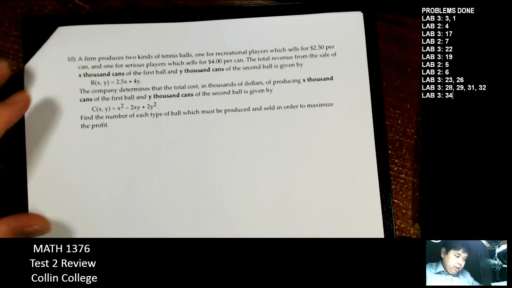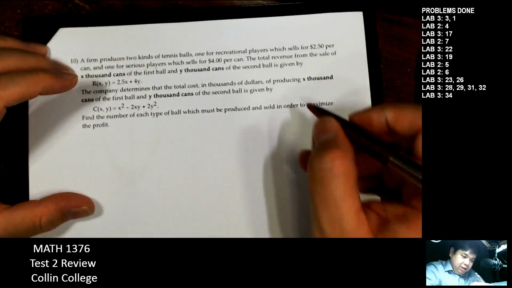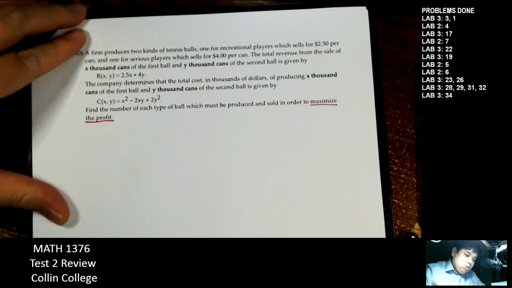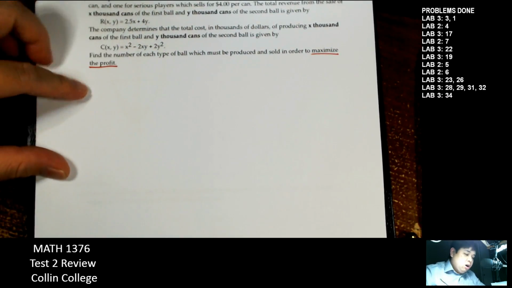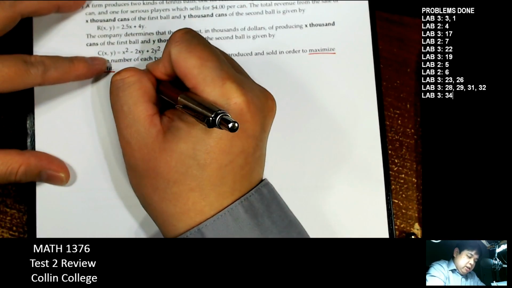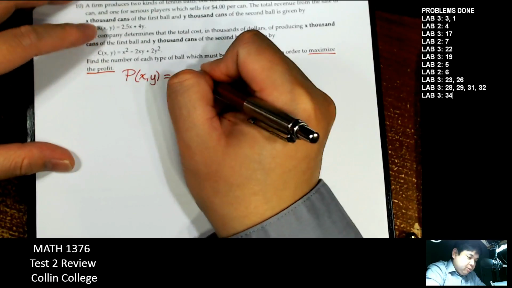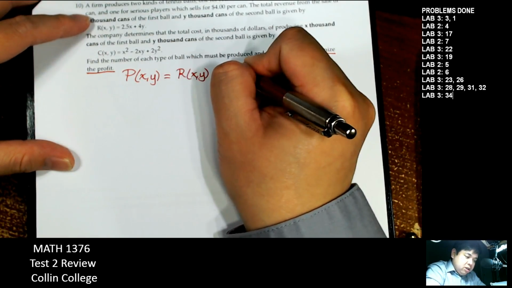So find the number to maximize profit. A lot more manageable than this one. So pretty much we have the revenue and the cost, the profit function that has two variables now. Revenue minus the cost.